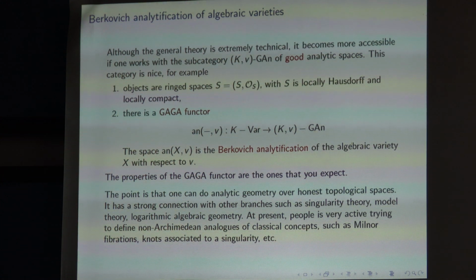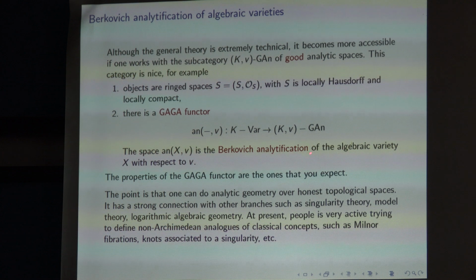So you have a topological space with a true topology, you have a sheaf of rings, which is a true sheaf of rings, and we are happy because this setting is nearer to the things we do classically. But more important is that there is a GAGA functor which takes an algebraic variety and gives you an analytic space, one of these guys.